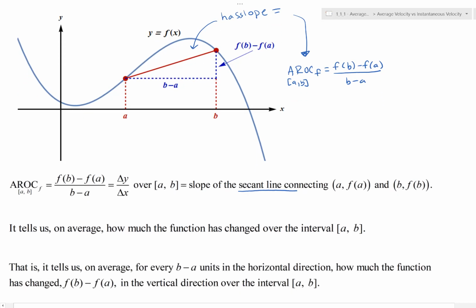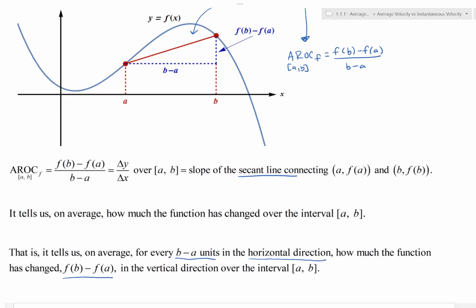So that is, on average, for every b minus a units in the horizontal direction, how much has the function changed, f of b minus f of a, in the vertical direction? Might go up, might go down. And so on average, how much did we go up or down by per unit in the input direction?